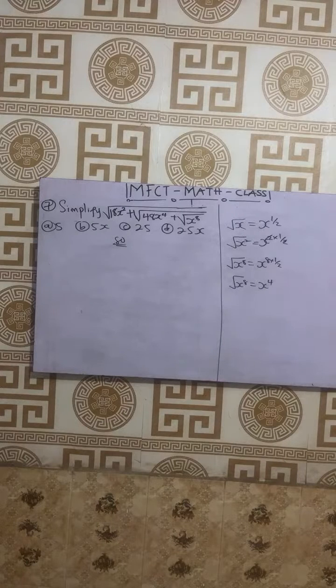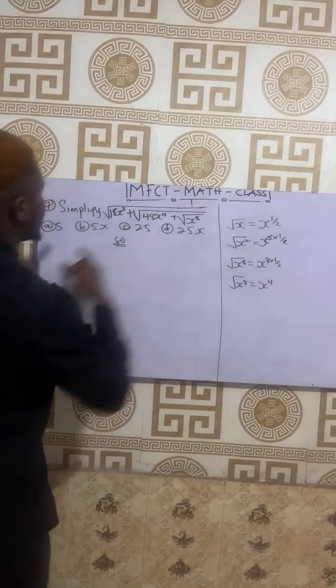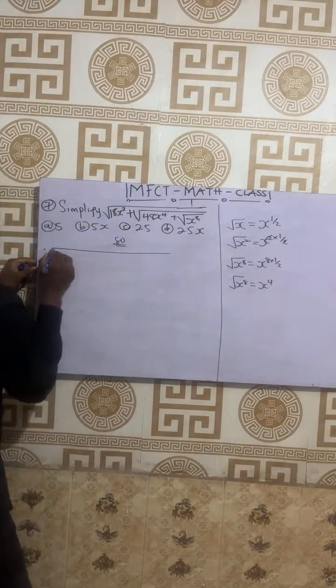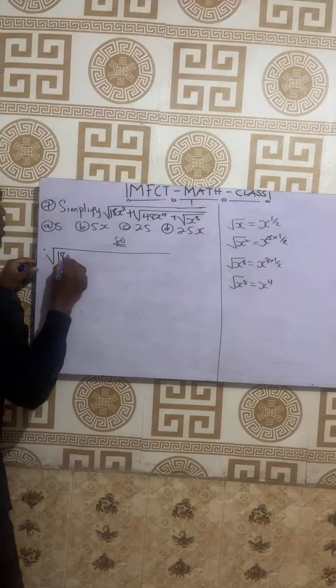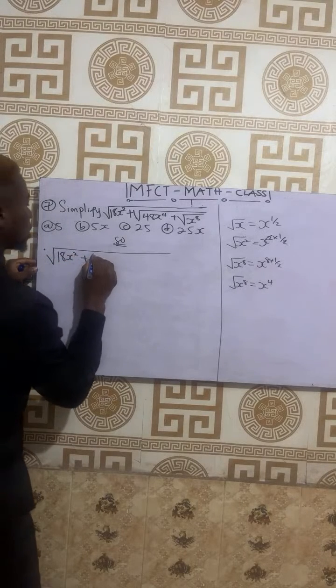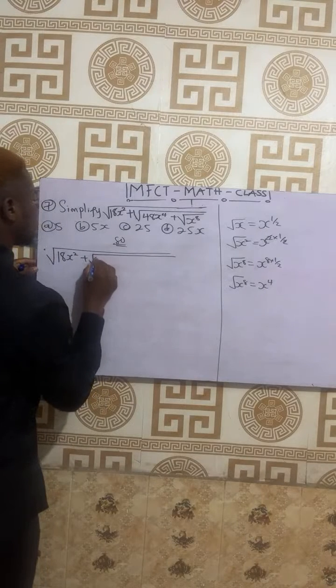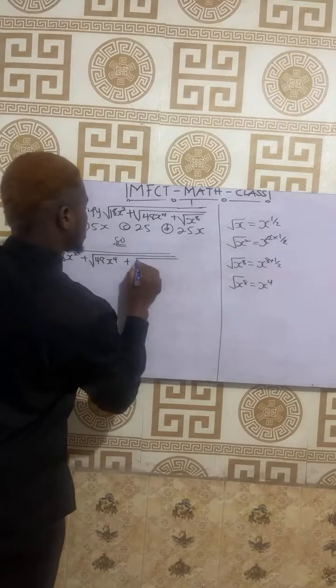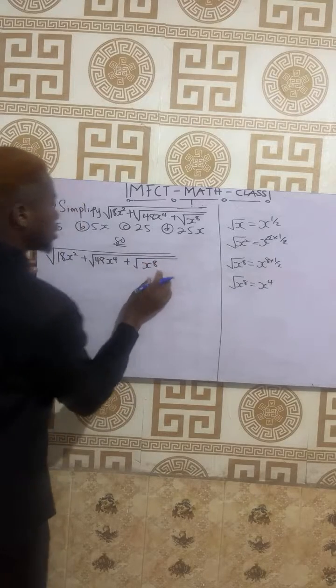So therefore, this expression that I have here, this is the question. Originally, we have a long square root like this: 18x squared plus another square root 48 x raised to power 4 plus another square root x raised to power 8. This is the question.